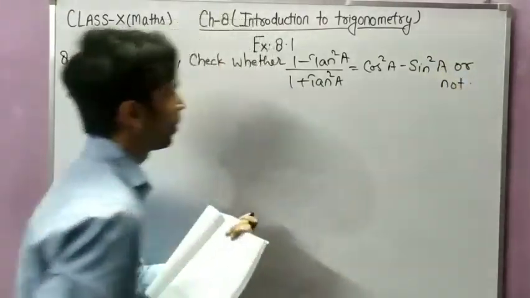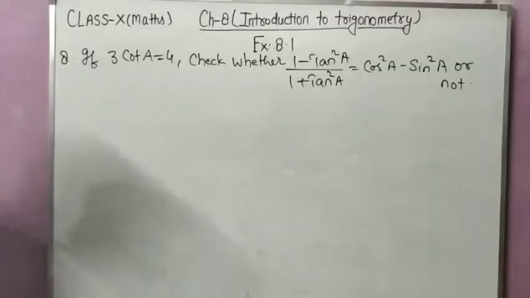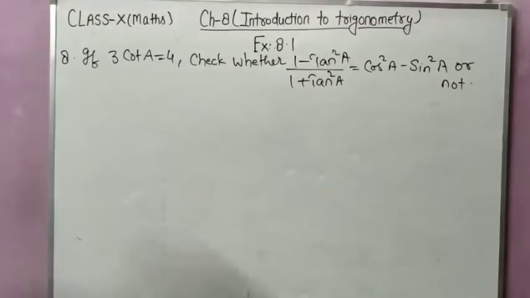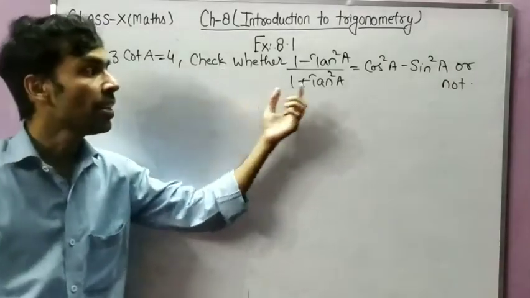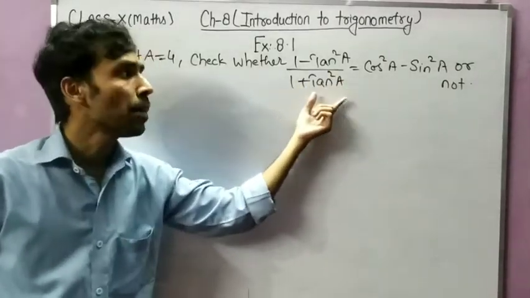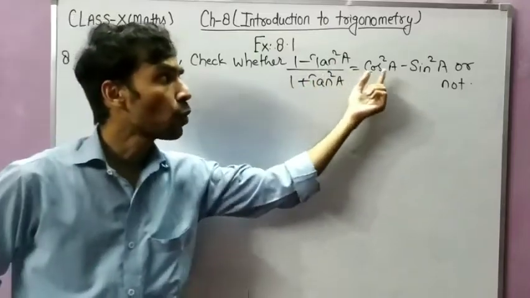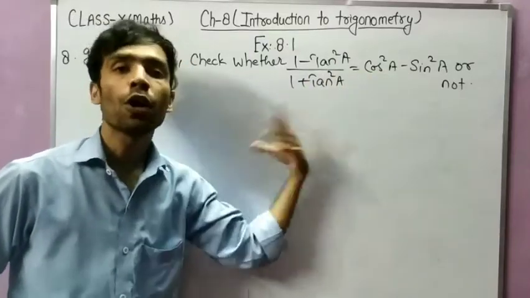In the question, student, it is given that if 3 cot A equals 4, check that (1 minus tan square A) upon (1 plus tan square A) is equal to cos square A minus sin square A or not, okay.